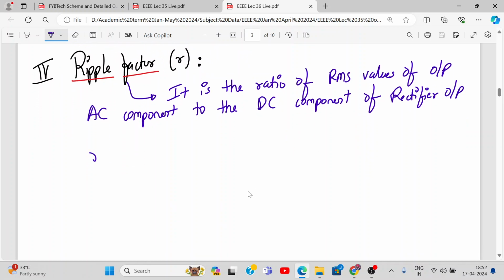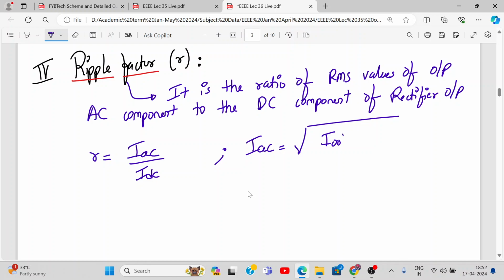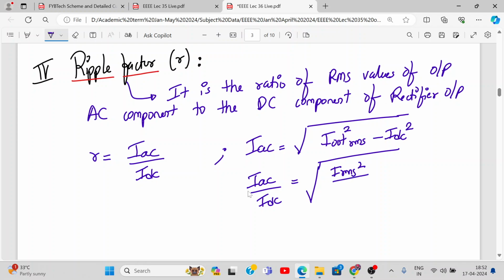Okay, so we can define it as r is equal to IAC upon IDC, where IAC formula will be square root of I out square RMS minus IDC square. Therefore, if I divide by IDC, I'll get here I out square. I can write it as IRMS square divided by IDC square minus 1.